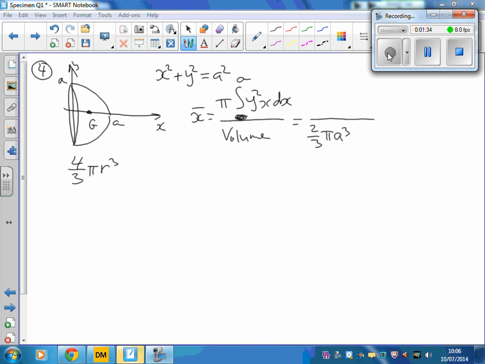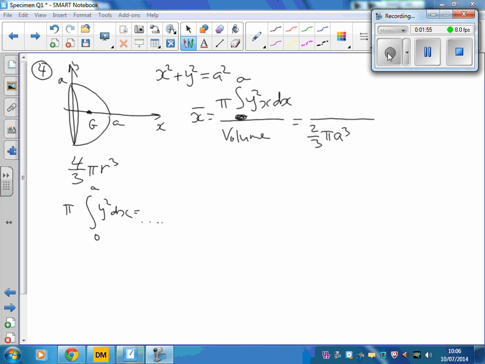Alternatively, you can work out the integral of pi y squared dx from 0 to a, which calculates the volume of the solid of revolution, and you will get exactly the same result, 2/3 pi a cubed.